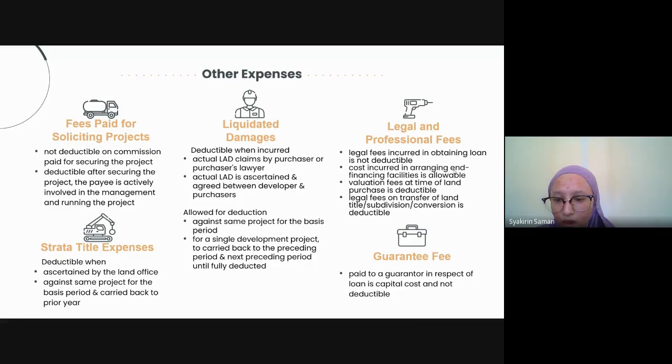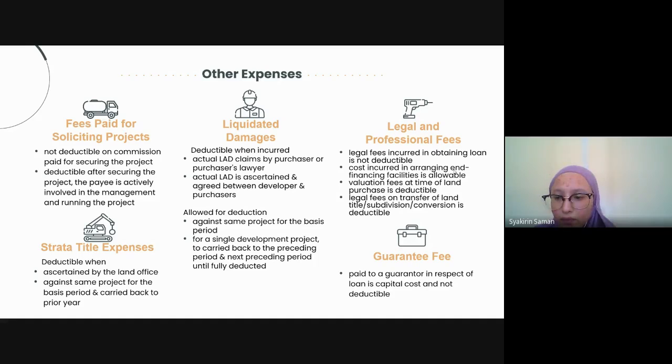And for fees paid for soliciting project, the deductibility of such expenses would depend on the purpose, nature, and circumstance such fees arise.